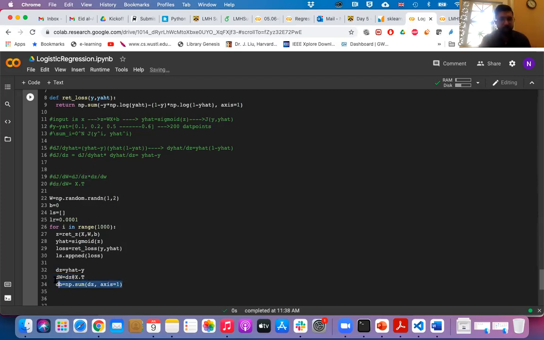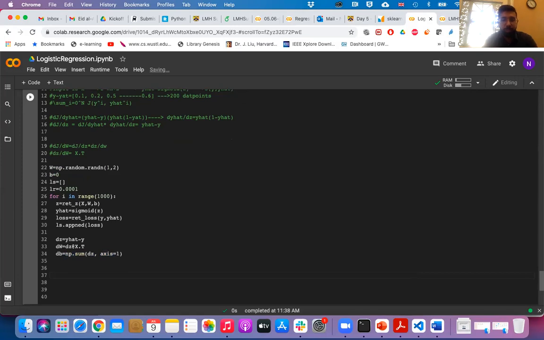I'll go back to the notes and explain it. It's the same form. For scalars, it's dz times the particular component. But since we have matrices, this becomes a matrix product with X transpose. And this becomes a matrix product with a unit vector, which is a dot product of a vector with a unit vector, which is its sum. I'll explain both of these in the notes in a bit.